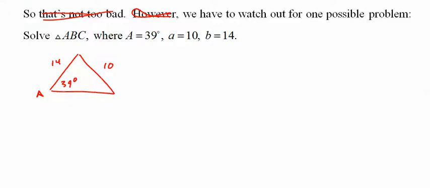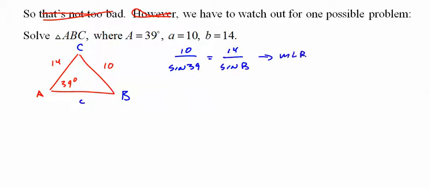I use a little bit of common sense on these. 10 over sine of 39 equals 14 over sine of B. Measure of angle B equals 14 sine of 39 divided by 10, then inverse sine of that. I get 61.8 degrees. This is the hard part.